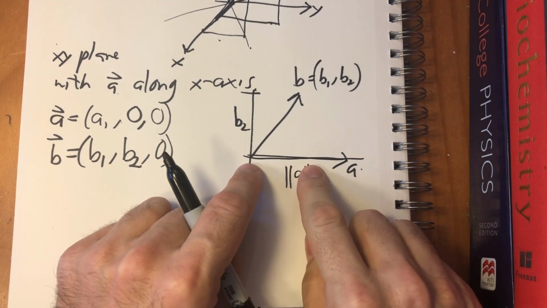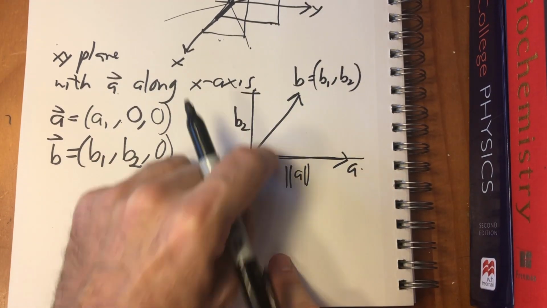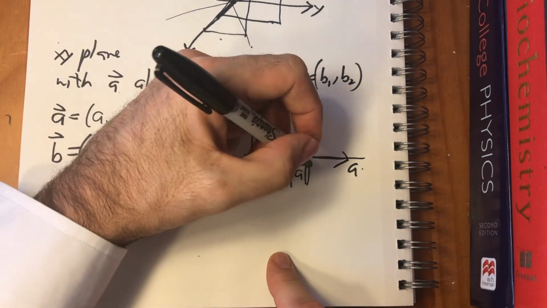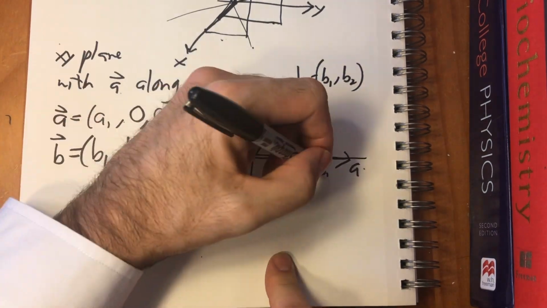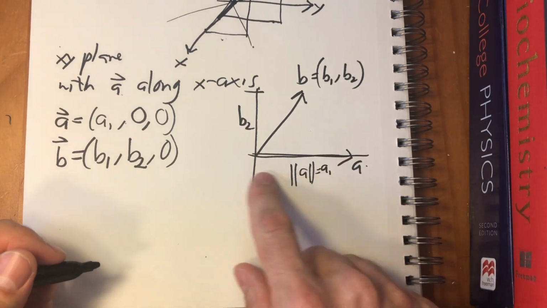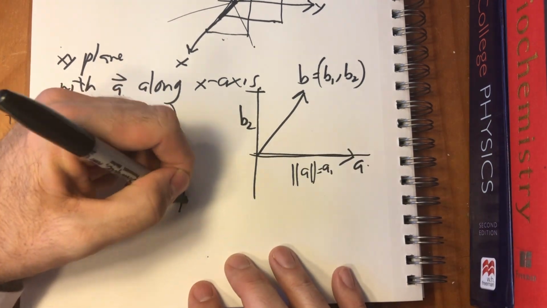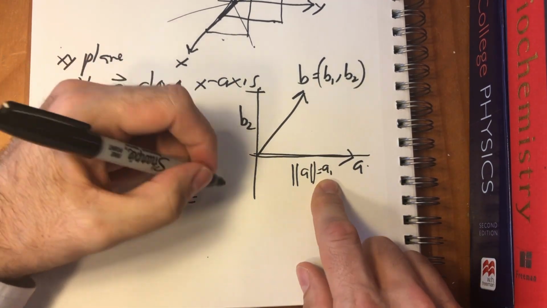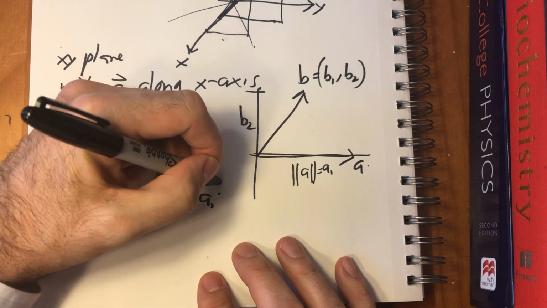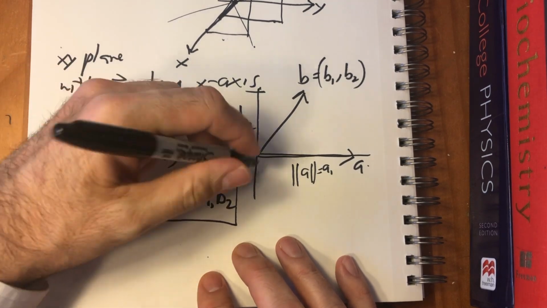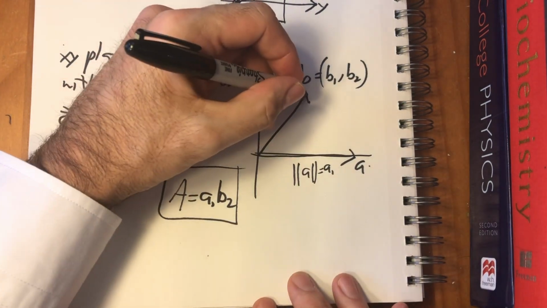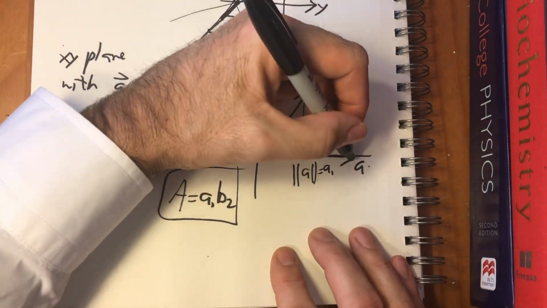Because it goes out B1, up B2. So the height is just B2. So the area of this, base times height, is A1 times B2. Okay, we know that that's the area of this parallelogram.